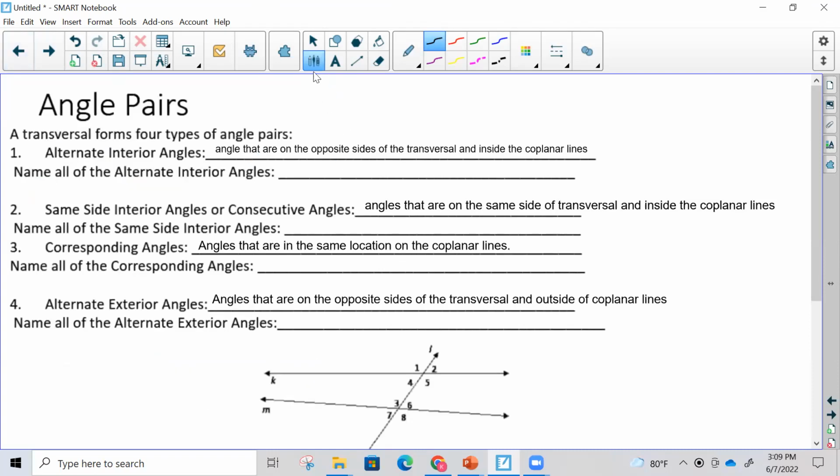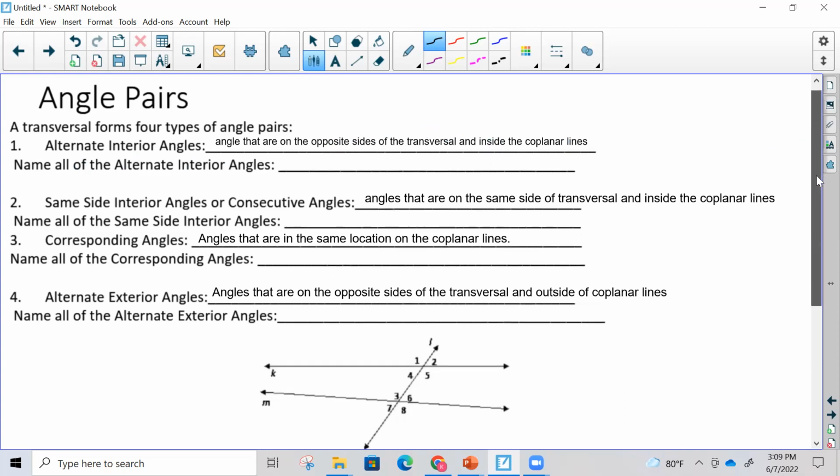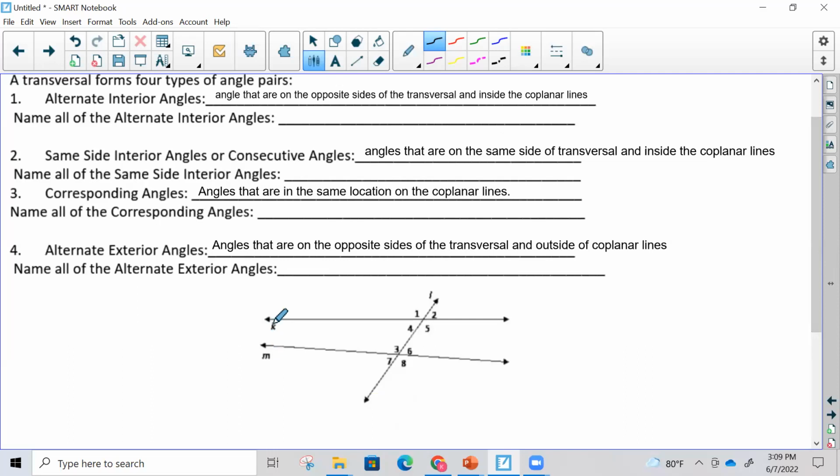Okay, so there's four angle pairs that are created by these lines. The first one is called alternate interior angles, and the name really says what they are. If you break down the name, you may be able to figure out what the angles are. Alternate interior are angles that are on opposite sides, or alternate sides, of the transversal, and they're inside the coplanar lines. Again, K and M are my coplanar lines, and L is my transversal.